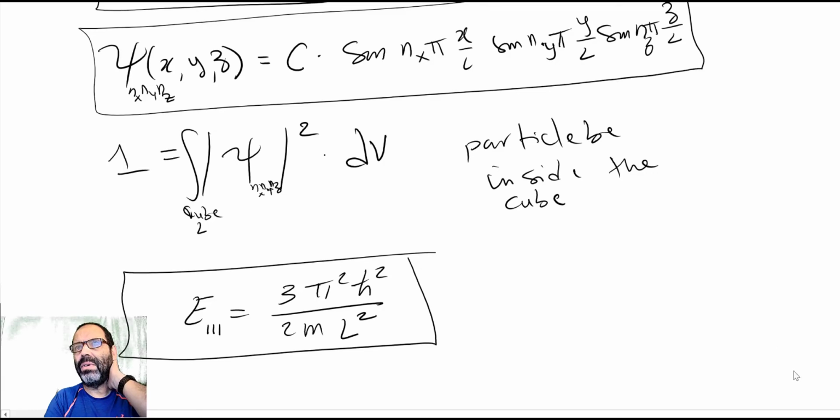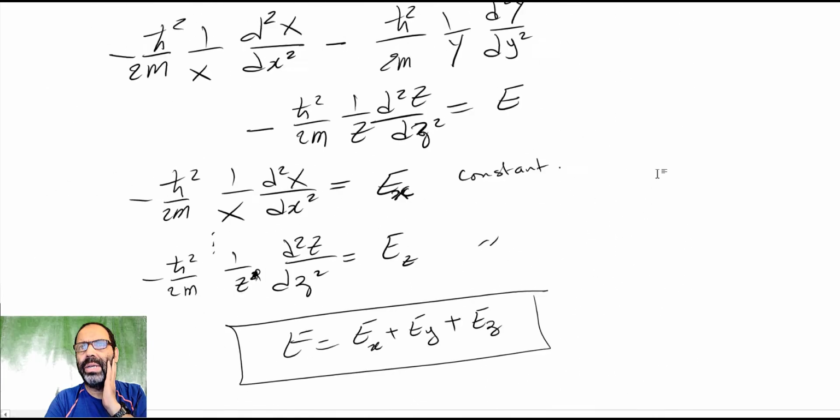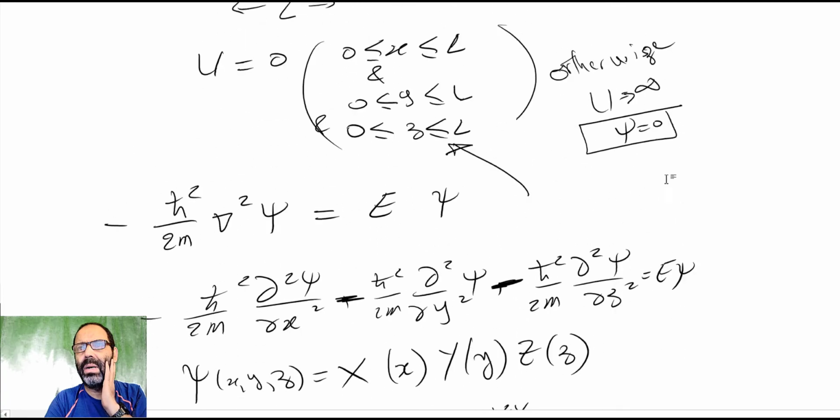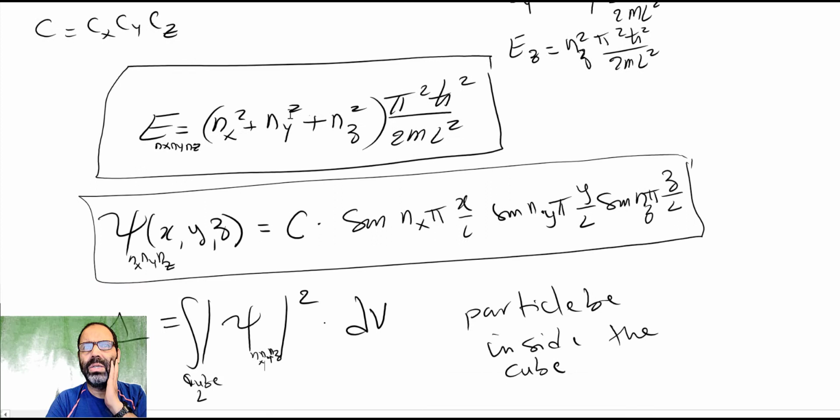Okay, let's find now the next energy level. Since nx, ny, and nz can be anything, 1, 2, 3, and so on and so forth, for the next energy level we can just think that if I take nx to be 2, and the others 1 and 1, it's going to be 2 squared, which is 4, plus 1 squared, plus 1 squared, that's going to be 6.